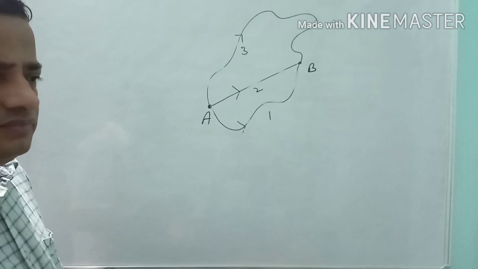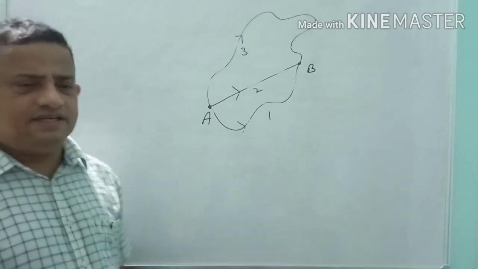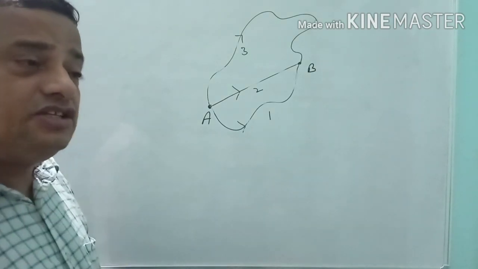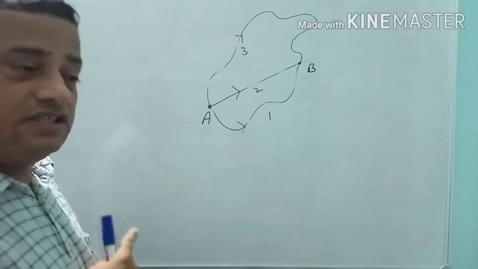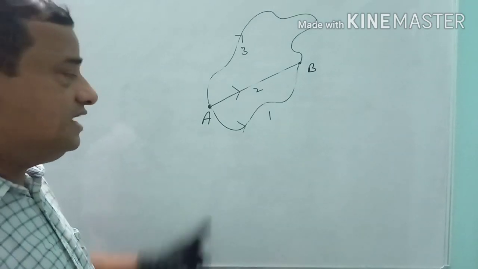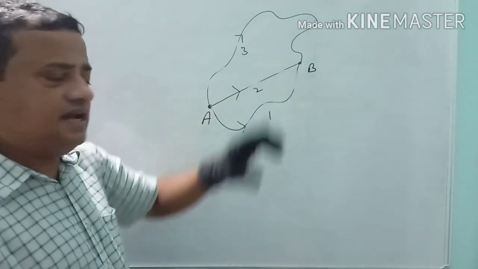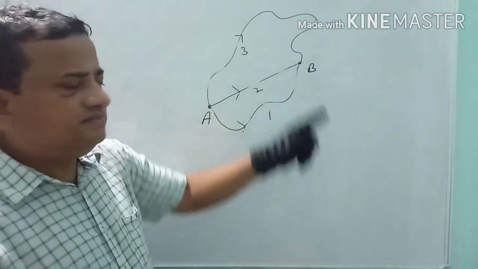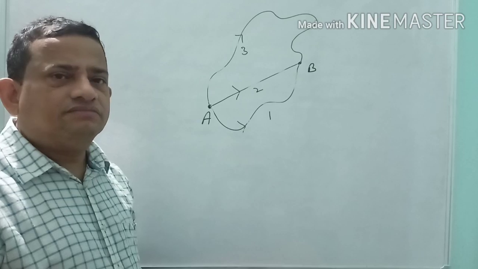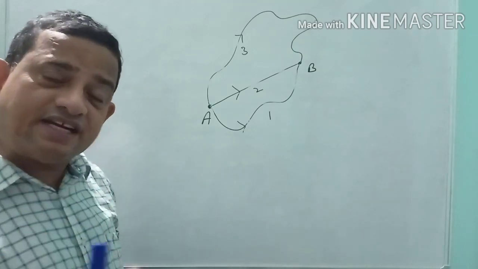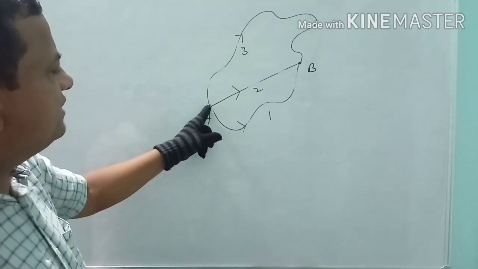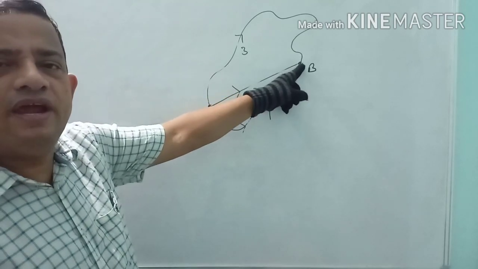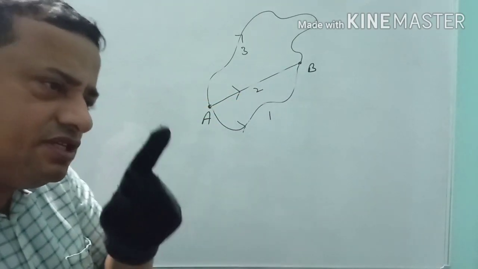But what is displacement? Displacement is the shortest path between the initial and the final point. So what is shortest? Shortest is this one.